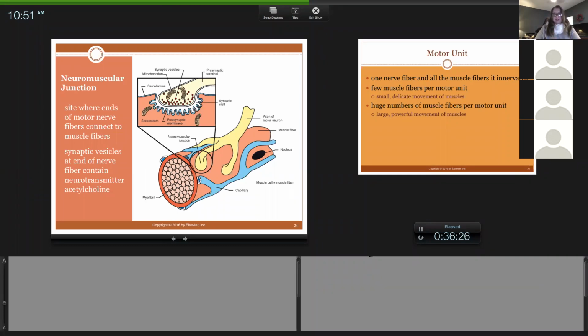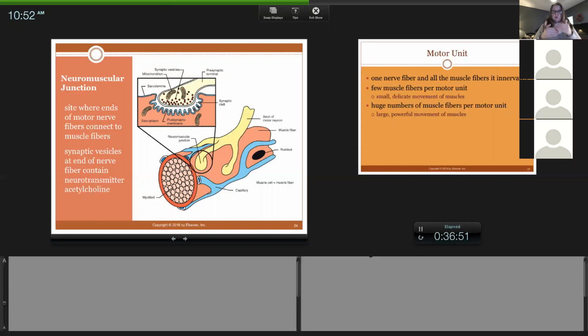If you don't understand that concept, let me know or type something, but the presynaptic terminal is your motor nerve connecting. The postsynaptic membrane is the muscle of the nerve that it is trying to tell to move. And the neurotransmitter, remember, is the chemical messenger. Acetylcholine enters the muscle cell.